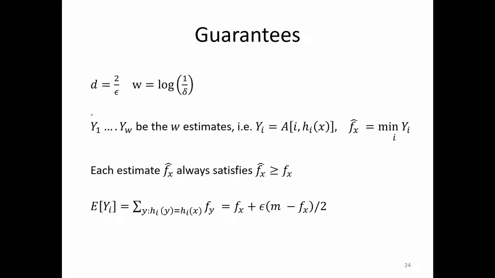So what kind of guarantees can we provide? We are interested in, if you remember, epsilon delta type guarantees. So what is this epsilon delta type guarantee?